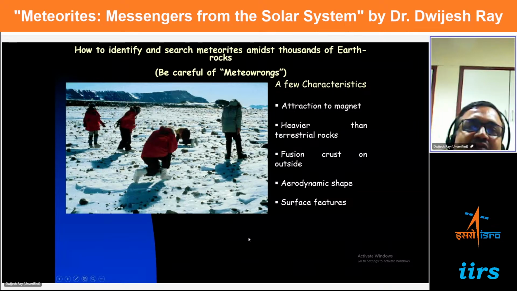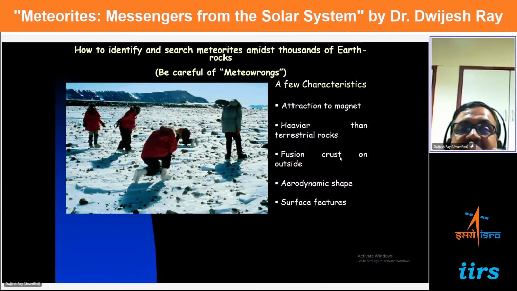So we can adopt some very basic methodology. We can use a magnet, because due to the higher iron-nickel alloy, it is supposed to attract the magnet. The density should be a little higher compared to earth rocks, but these are very preliminary, meaning this can't be conclusive.